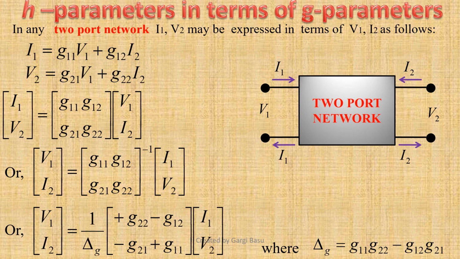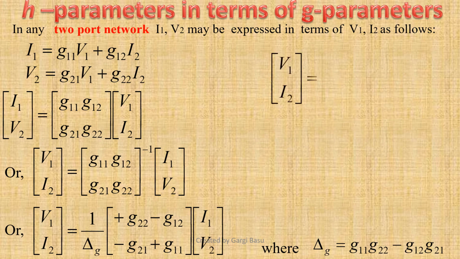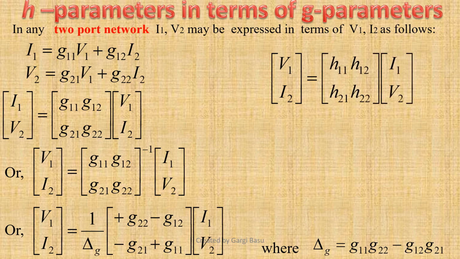When we describe a two-port network using hybrid parameters, the linear equations used may be written in matrix form as follows. Matrix of V1, I2 equals matrix of H11, H12, H21, H22 into matrix of I1, V2.